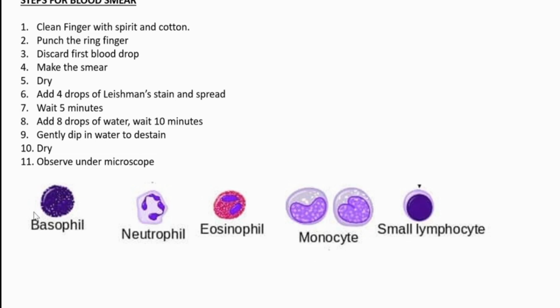These two WBCs appear somewhat similar. The only difference is that in the case of lymphocyte, you can see a narrow margin of clear cytoplasm. But in the case of basophil, it's a fully colored blue spherical structure. That is basophil.